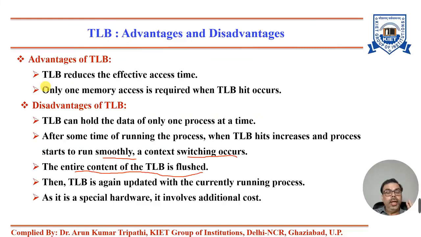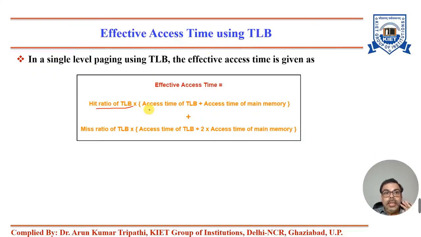So if it is a TLB hit, it is the access time of the TLB to search the page in the TLB, then the access time of the memory to find the corresponding frame number in the physical memory.